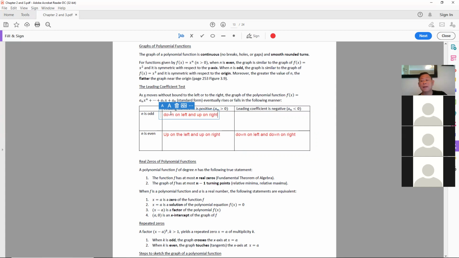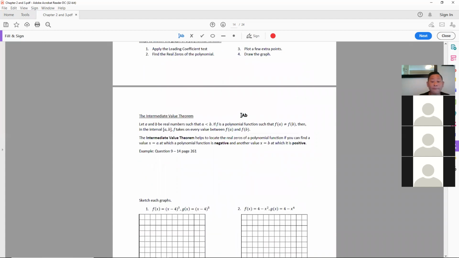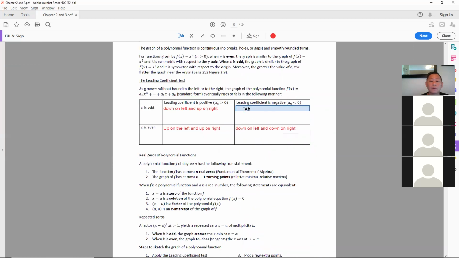Sorry, I had it reversed. So you go down on this side and then go up. And when the leading coefficient is negative, you go up on the left and down on the right. So you just move that around like this.